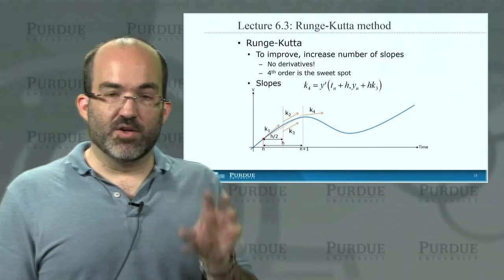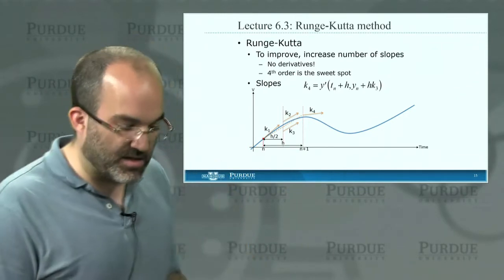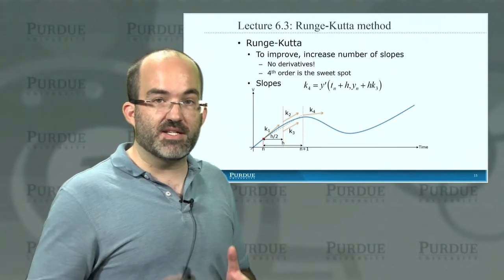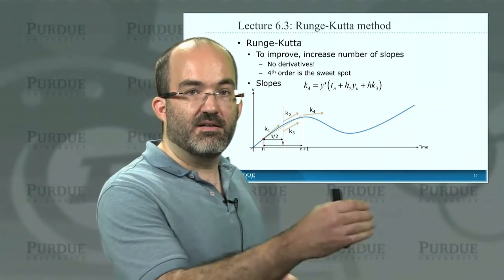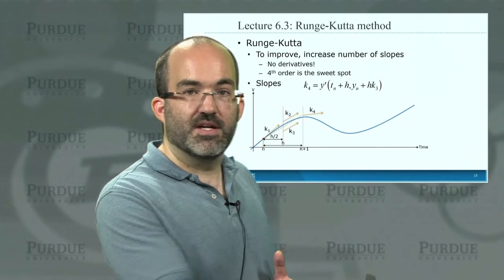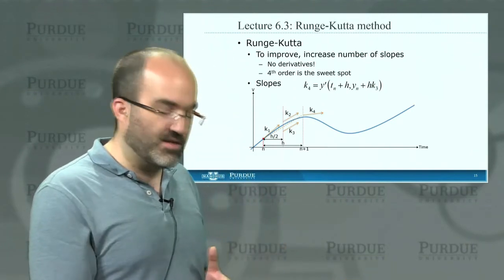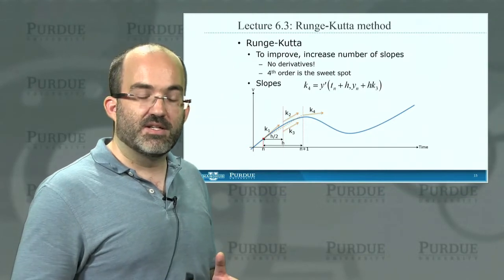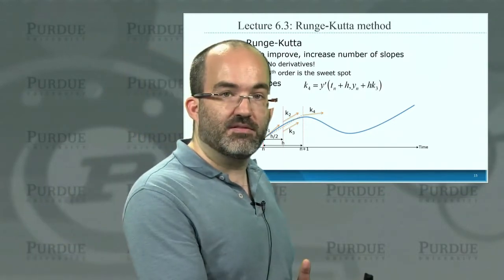In the Euler method, we calculate the slope at the point we're at, and then we multiply that slope times the distance to the next point, and we have our next point. In the fourth-order Runge-Kutta method, we calculate the slope at the point that we're at, and then we use that slope to calculate the halfway point.